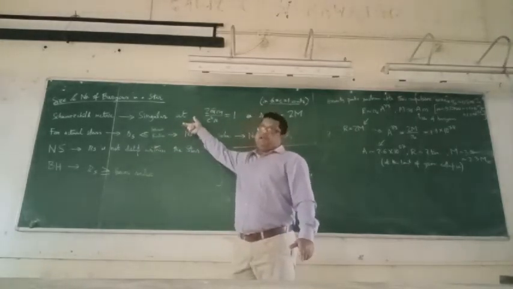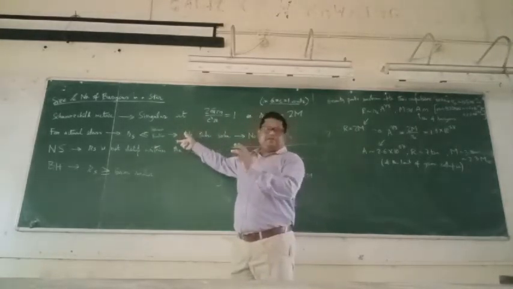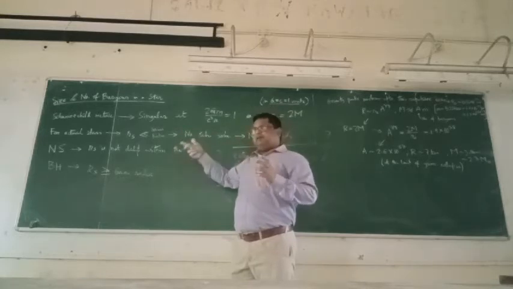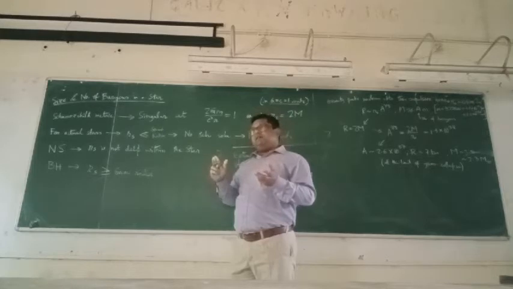for a normal star it is much inside, for a neutron star it is not very much deep inside. For a black hole the gravitational radius is basically on or inside the Schwarzschild radius.